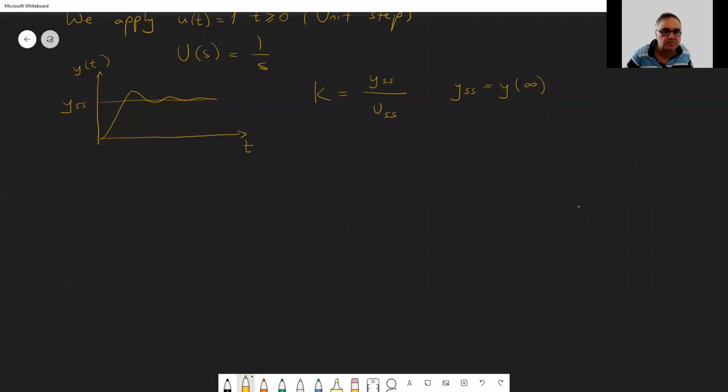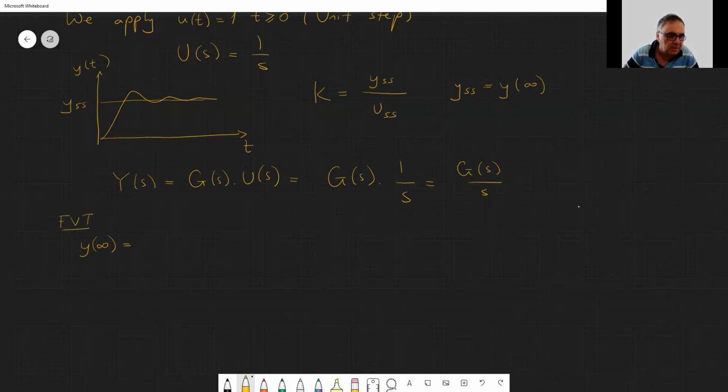So what do we do? y of s equals g of s times u of s, which is g of s times 1 over s. So it is g of s over s. We want to find y at infinity using the final value theorem, which is the limit as t goes to infinity of y of t.